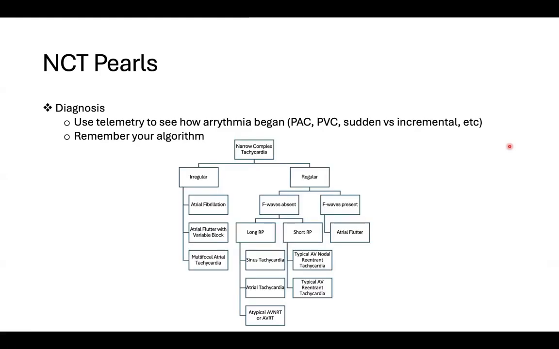Remembering having an algorithm, or at least a way to approach these different tachycardias and knowing how to differentiate between them. Whatever algorithm or way you think about them, just have a structured approach to helping diagnose which tachycardia you're dealing with in front of you.